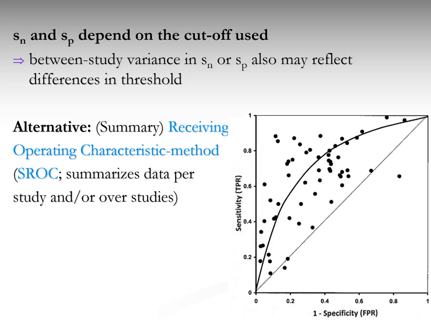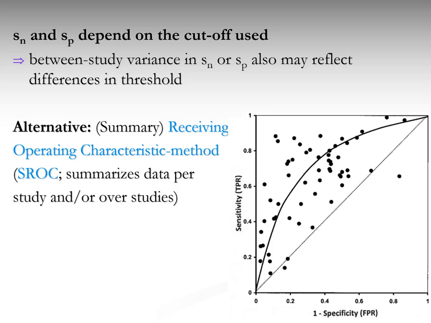On the x-axis, you have 1 minus the specificity. So on the y-axis, you have the probability that positive cases are tested positively. On the x-axis, you have the probability that negative cases are tested positively.